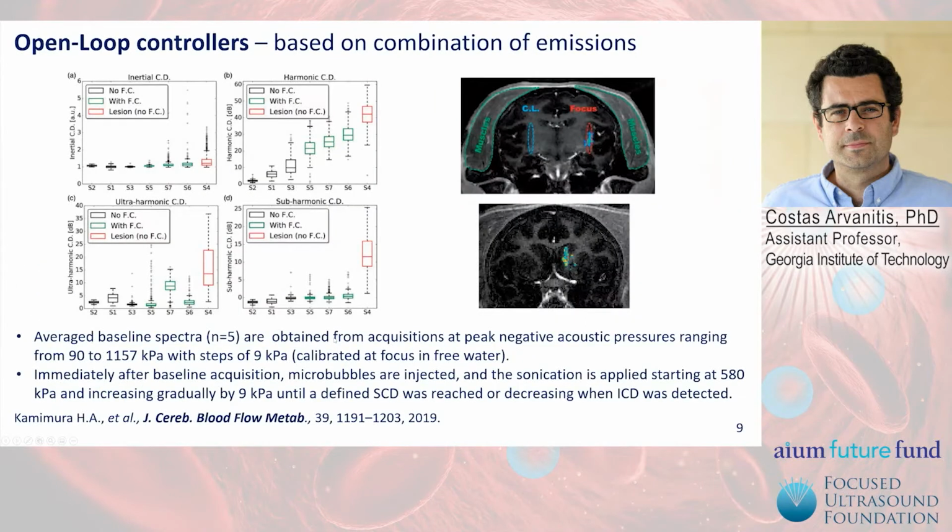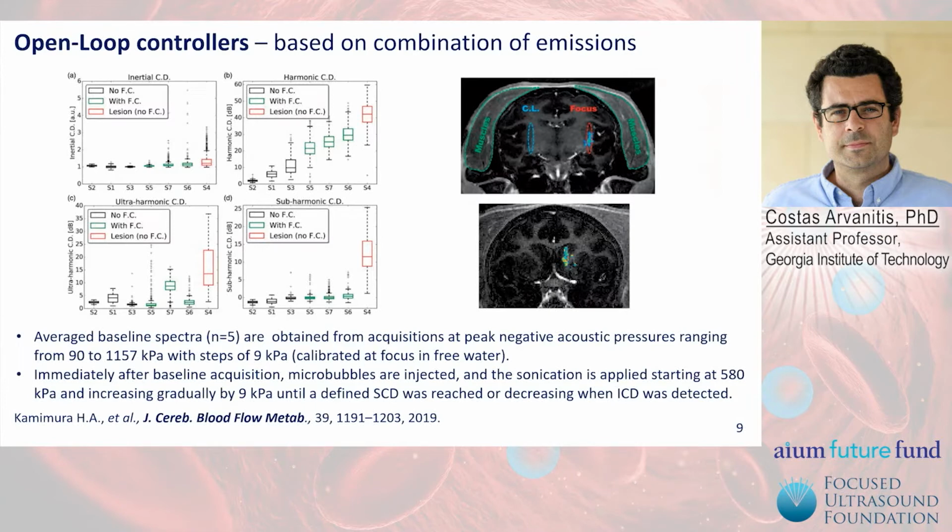Finally, an open loop control designed by Kamimura et al. from Columbia combines more than one spectral component. In that case, the controller uses both harmonic and ultraharmonic emissions to reach a predetermined threshold. When this predetermined threshold is reached, the treatment is finished.